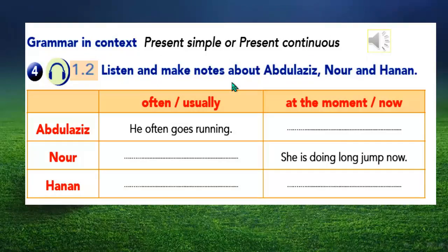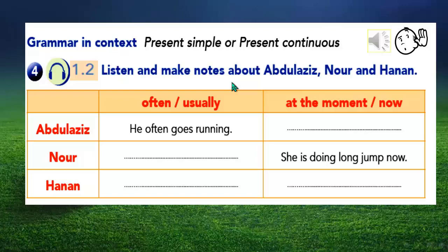Grammar in context, the rule is present simple or present continuous. Okay, so listen and make notes about Abdulaziz, Noor and Hanan. Okay, so let's listen firstly. After that, complete the table to find the difference between present simple or present continuous.